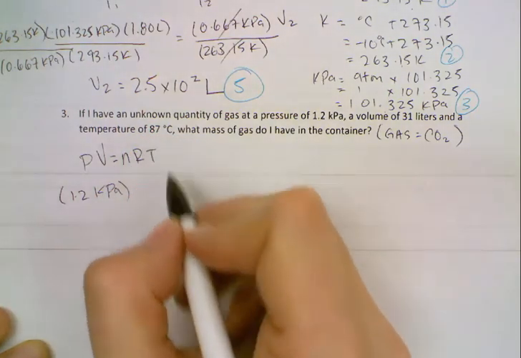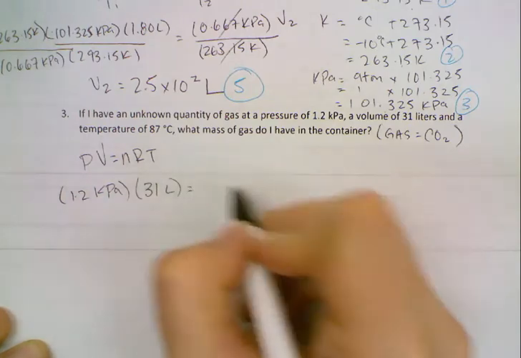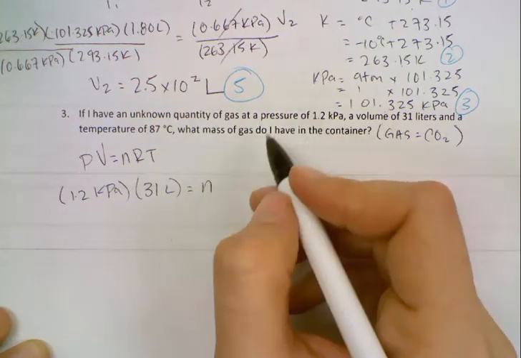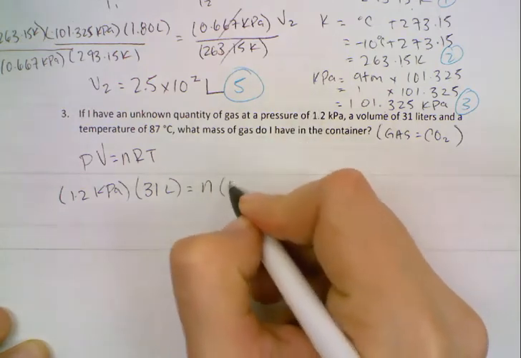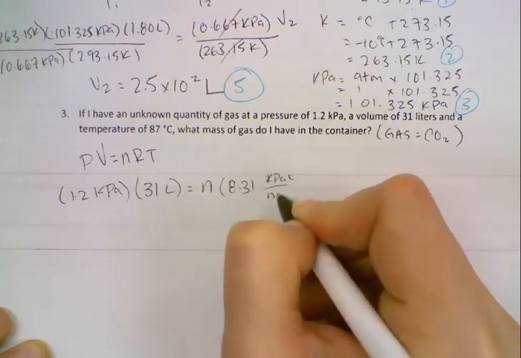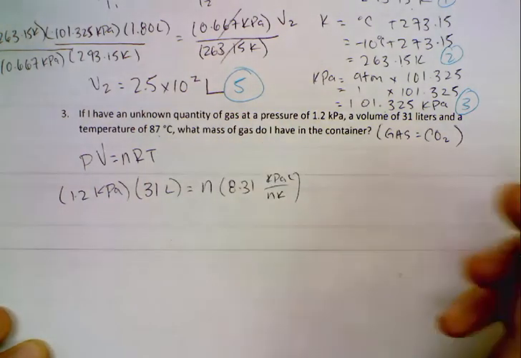Our volume is given to us in the question. Moles is what we're trying to figure out because eventually we're going to figure out mass, and we're going to use moles to figure out mass. R is always the same. And temperature, we need to convert from degrees Celsius into Kelvin.